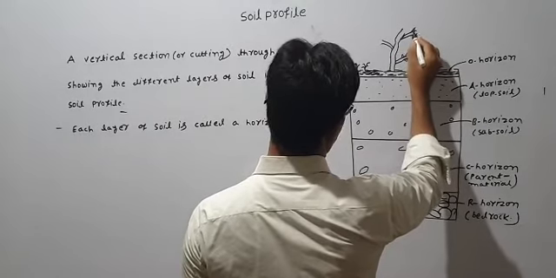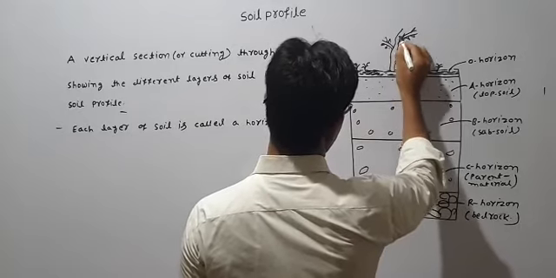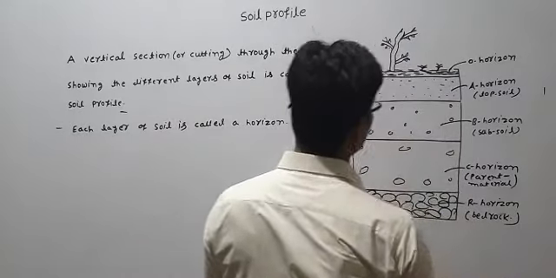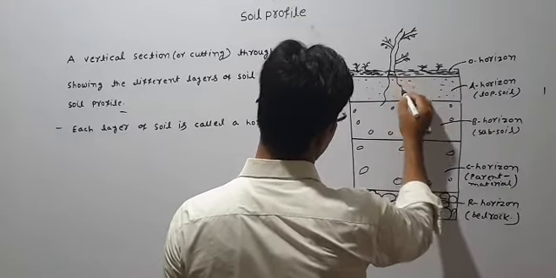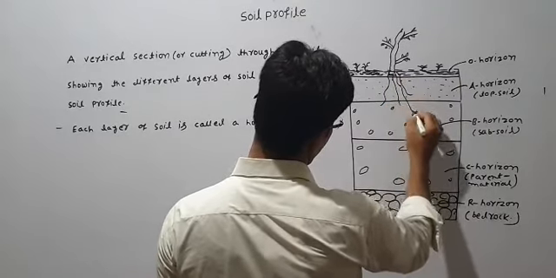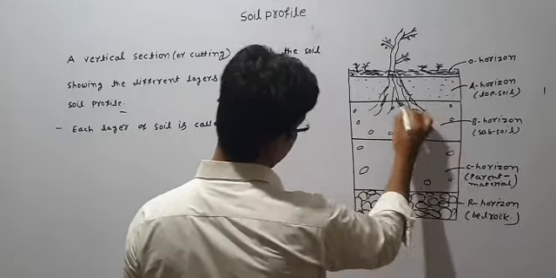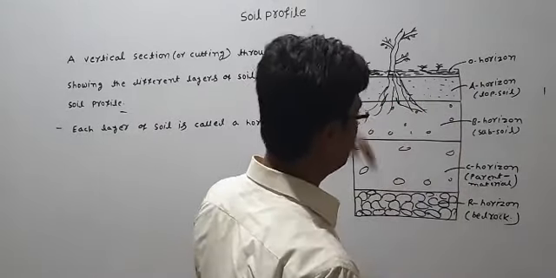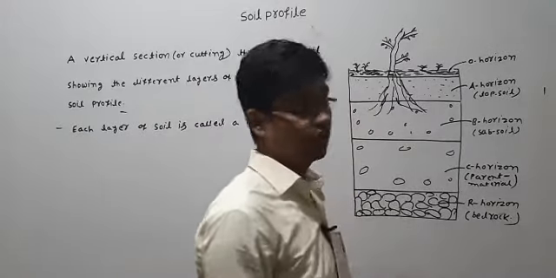A plant is there. Its roots develop up to this layer. Large plants have long roots because they need support, and to support them the roots are long.